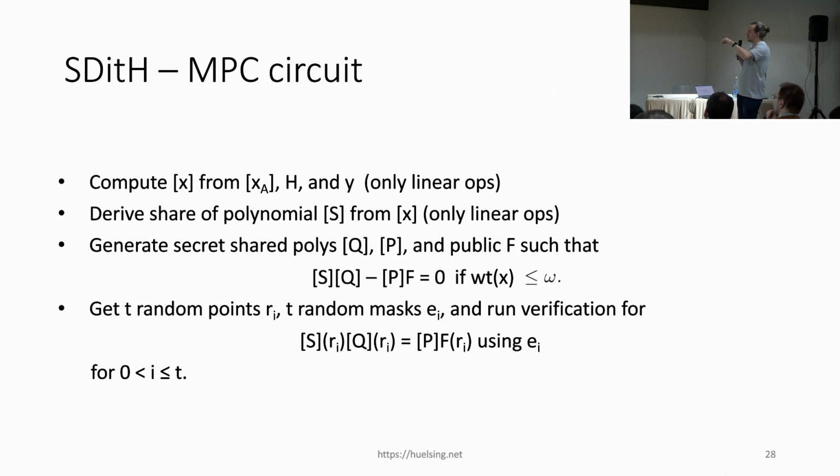If they all do this, then together in the end they are convinced that this is the case. This is just MPC computation: we have n parties that together do this computation, and afterwards they are convinced that they are holding a secret sharing of the product of these two values.